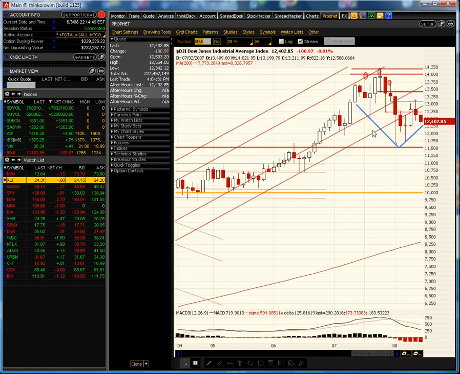If in fact a V-bottom is starting to form, the way I take a look at a V-bottom is these long stem candlestick charts here. They have a very long stem at the bottom of each one of these bars, and these bars come down to form the left side of the V. And then long stems form the right side of the V as it moves up.